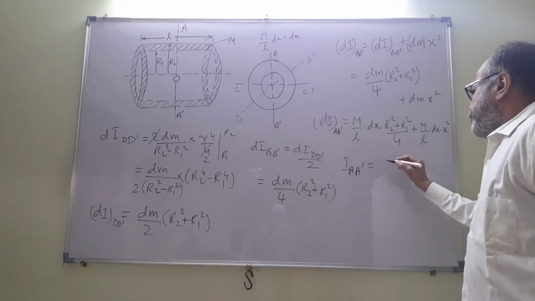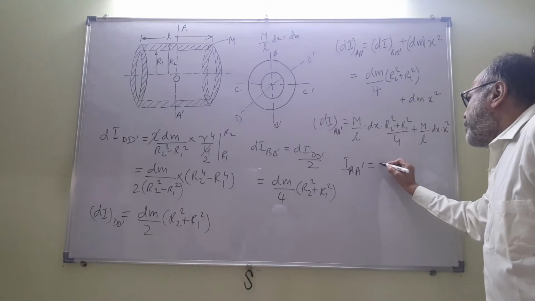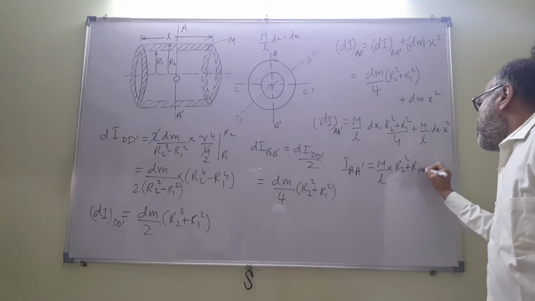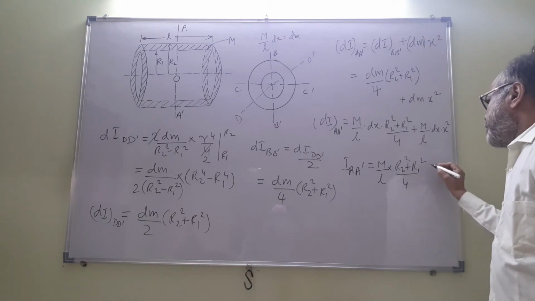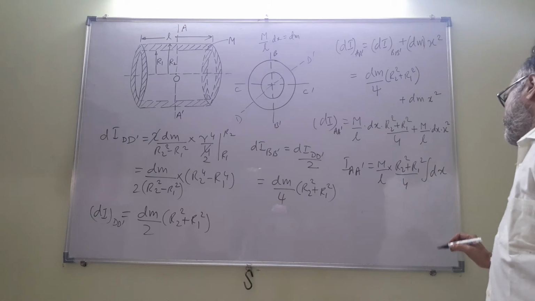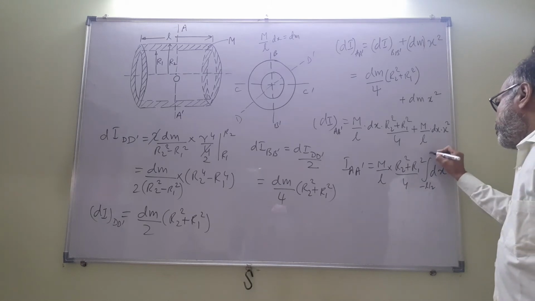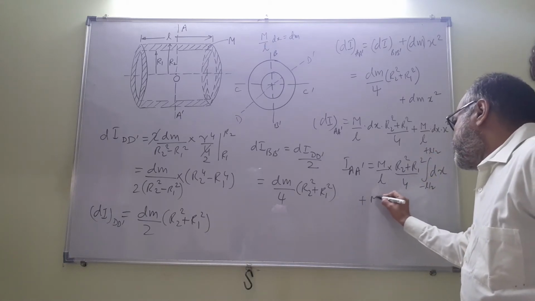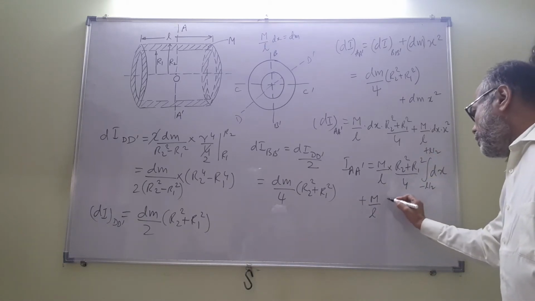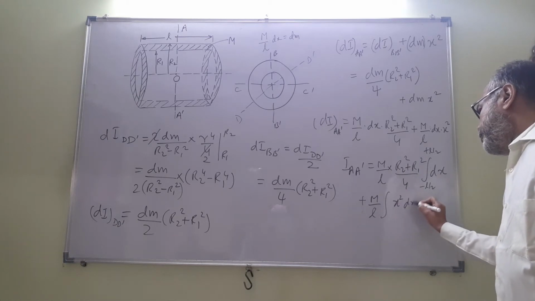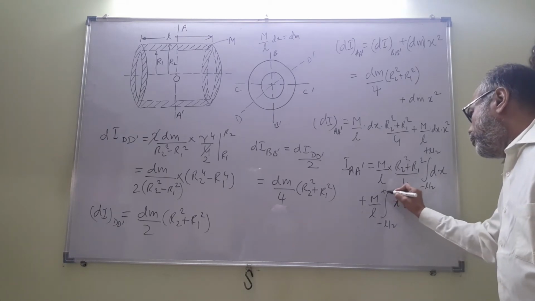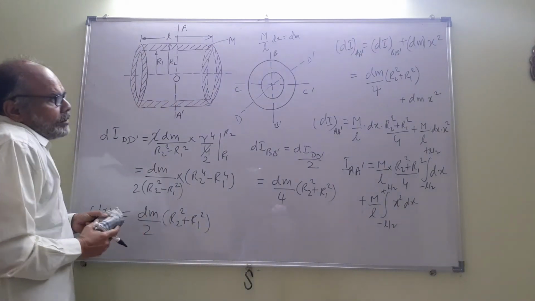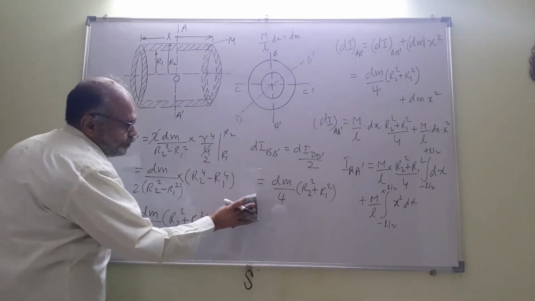So here you are going to get m by L, which is a constant, times (r2 squared plus r1 squared) by 4, integral dx from minus L by 2 to plus L by 2, plus m by L integral x squared dx from minus L by 2 to plus L by 2. So if we integrate that, what do we get?